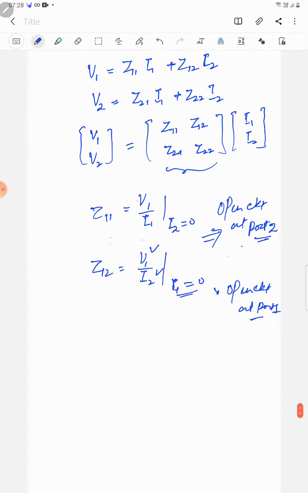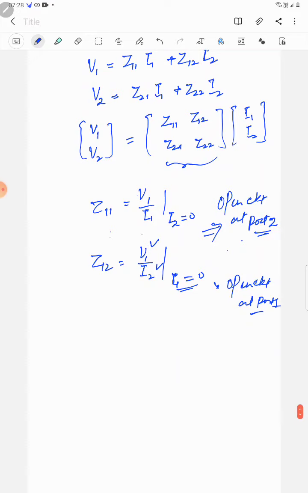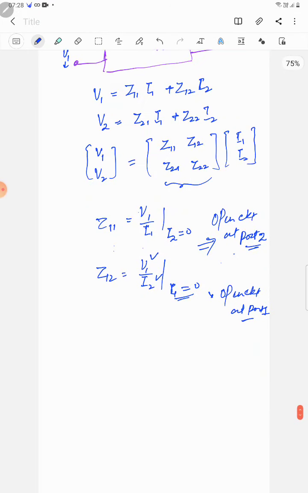Likewise, we can describe a network by using Y parameters. In case of Y parameters, you know the relations are I1 is Y11 V1 plus Y12 V2, I2 is Y21 V1 plus Y22 V2.